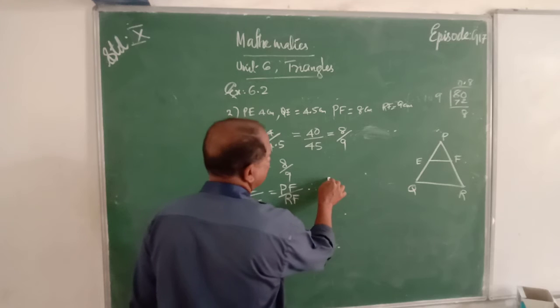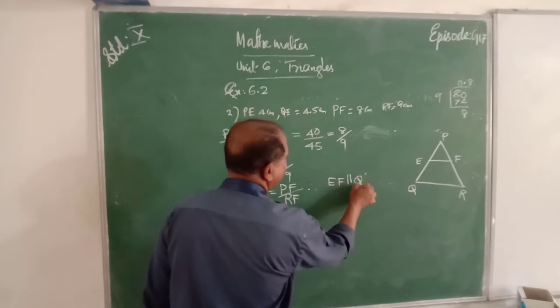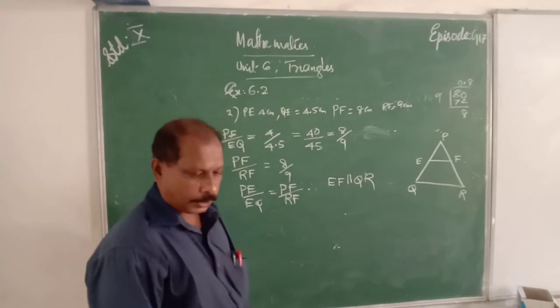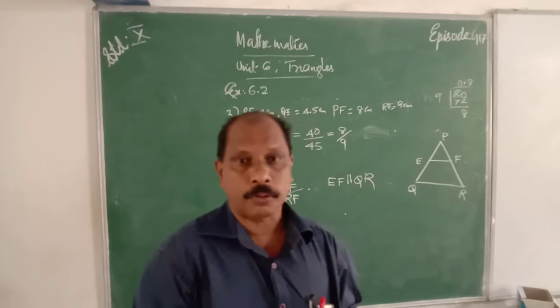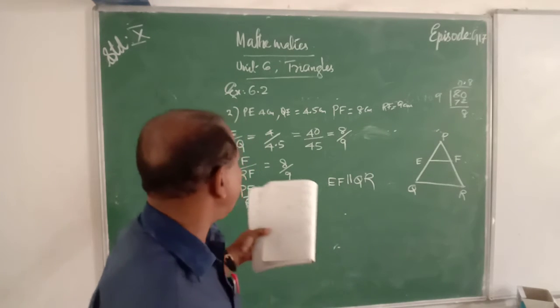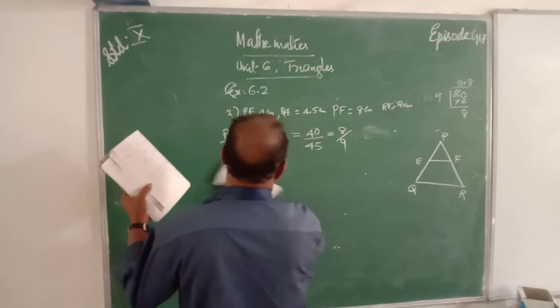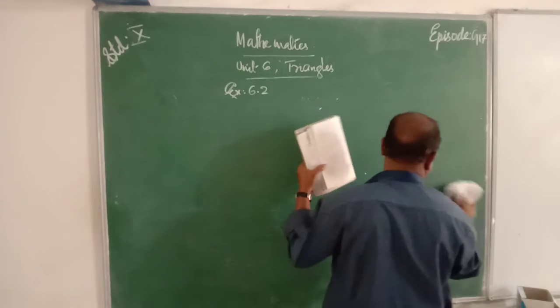Therefore, EF is parallel to QR. Okay. The third question of question number 2 is homework. That is for you. Same question, third question, homework.